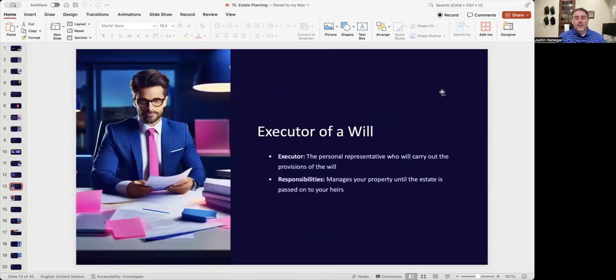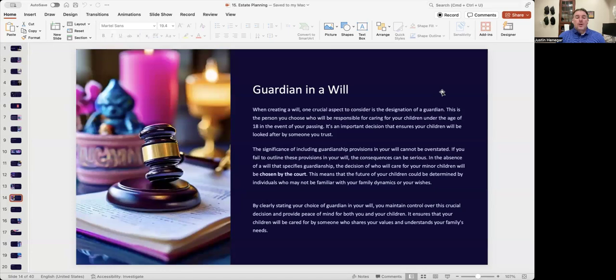Okay, the executor or the executrix is the individual who is responsible for carrying out the wishes of the will. They are primarily responsible for making sure that all of the assets are put into some sort of consolidation account, and then, of course, distribute those assets once that occurs. We could also have a guardian in a will.